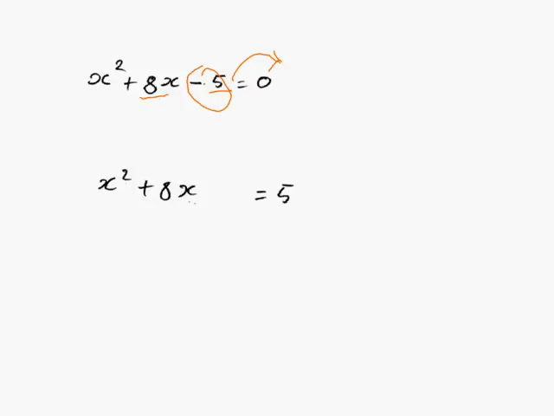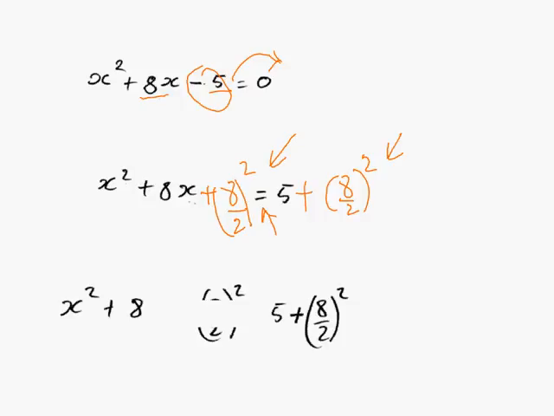Now on this side, we will replace it with what we like, for example plus 8 over 2 squared, and here also the same thing, plus 8 over 2 squared. Do not forget, you can't add to one side of the equation without adding to the other side to keep the equation balanced. Okay, so you'll end up looking like this.